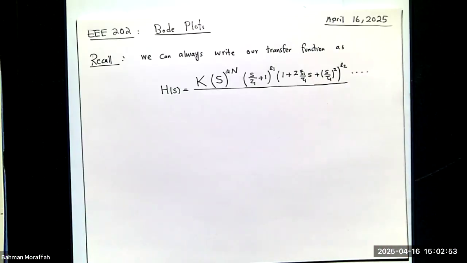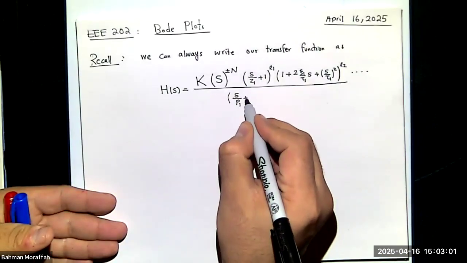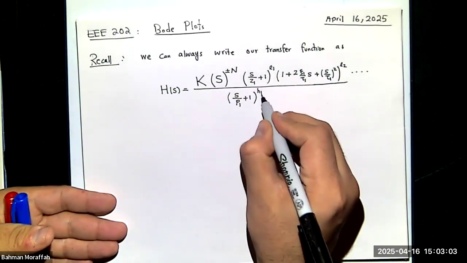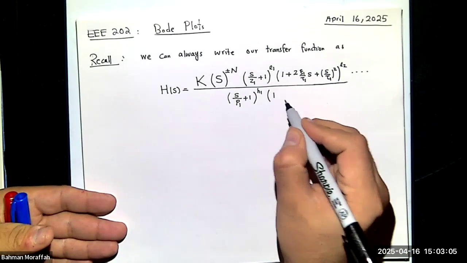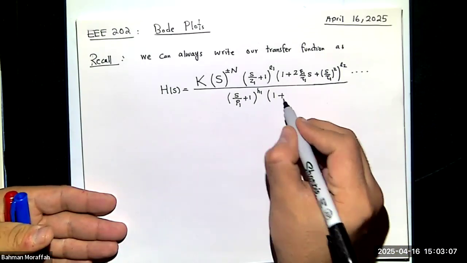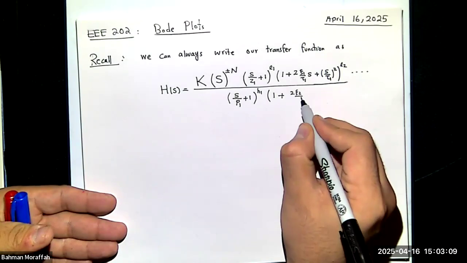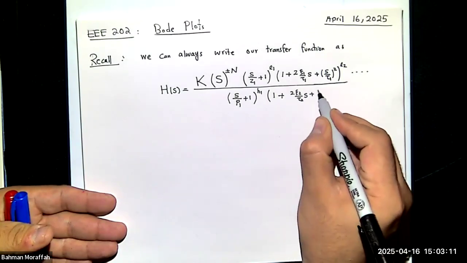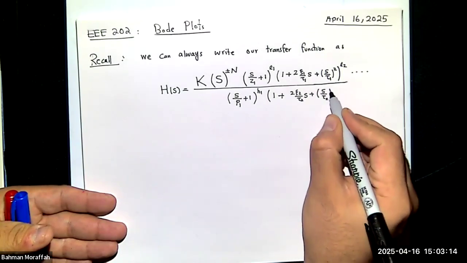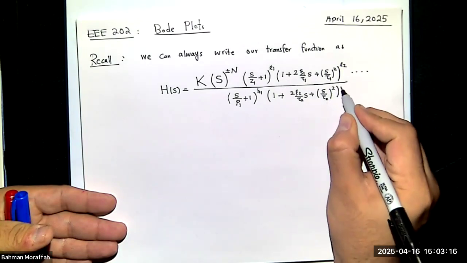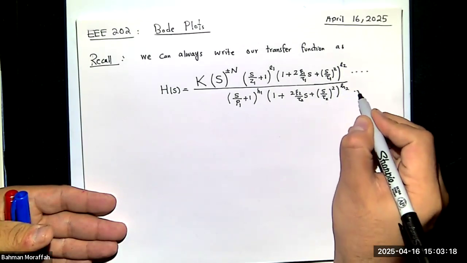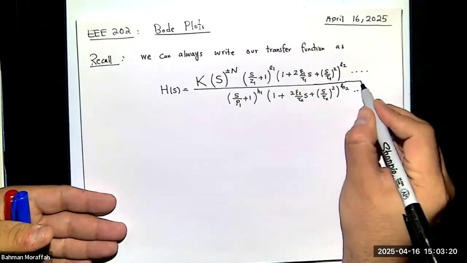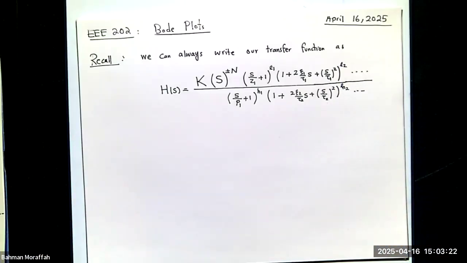And similar terms, right? And I can do the same thing for the denominator. So I can write it as s over p1 plus 1 to the power of h1, times the quadratic ones. So it's 1 plus 2 psi 2 over tau 2 s plus s over tau 2 squared, to the power of h2, and similar terms.